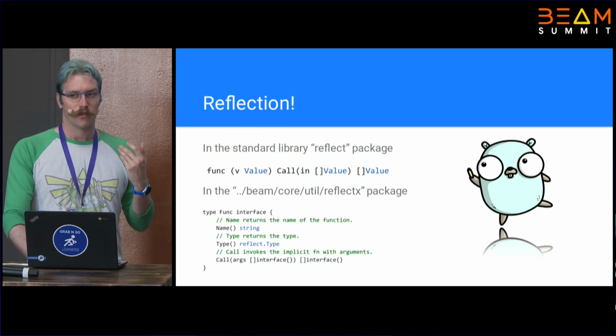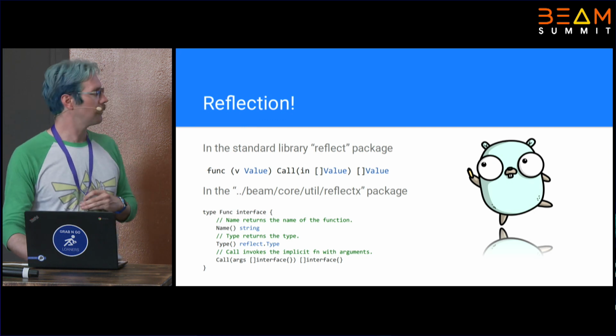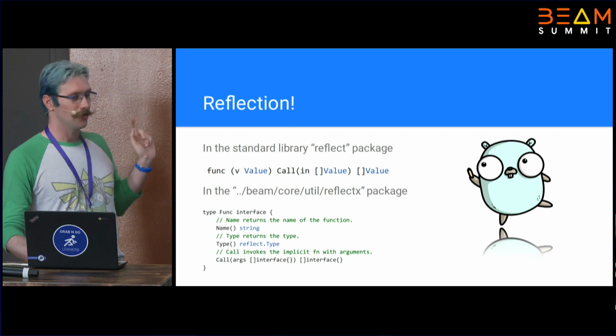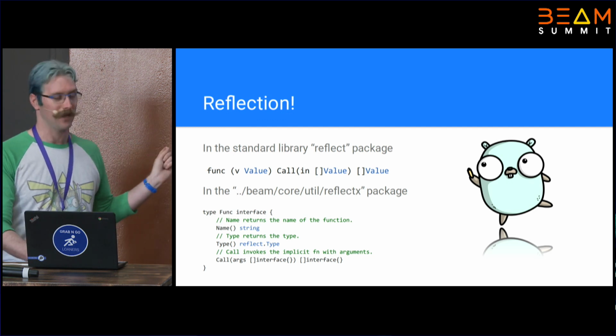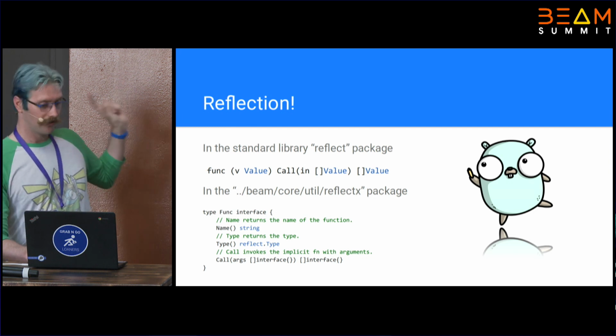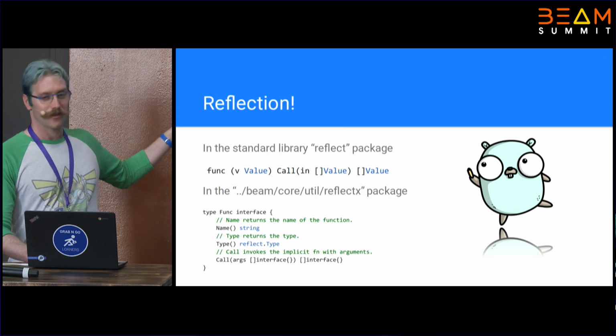To provide us with options, the original author, or one of the original authors, Henning Rode, decided to indirect this mechanism with the reflectx package Func mechanism. So I mentioned Func on the map over there, but the interface is very simple.